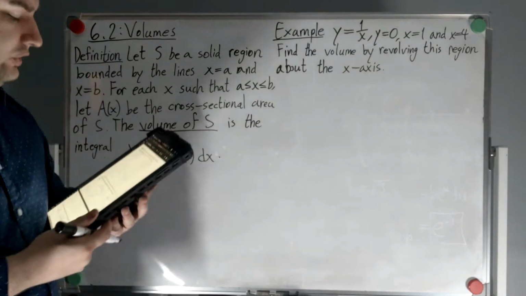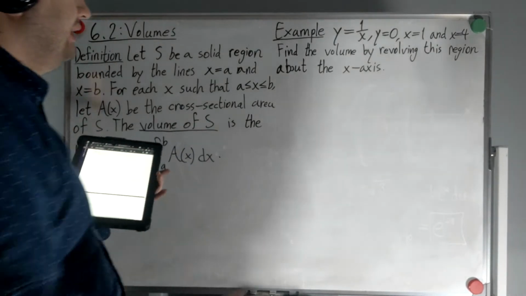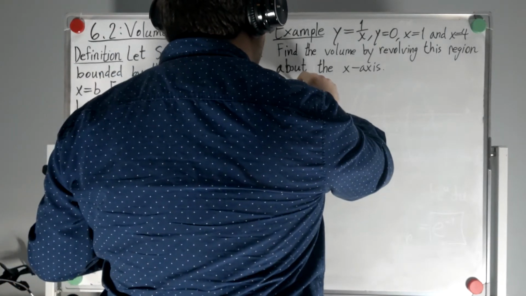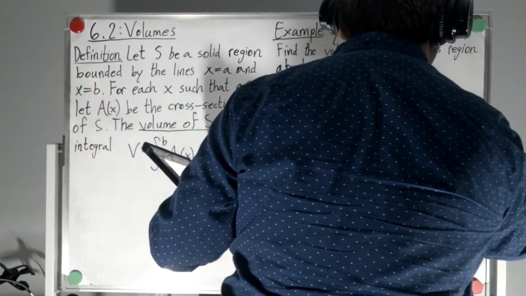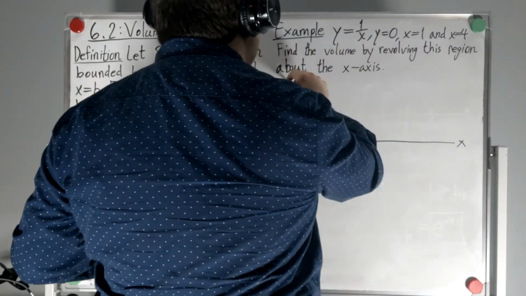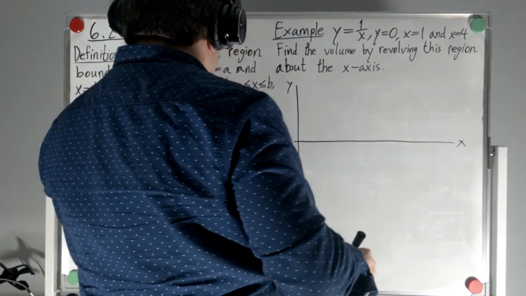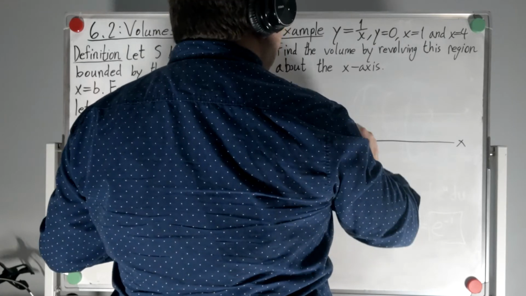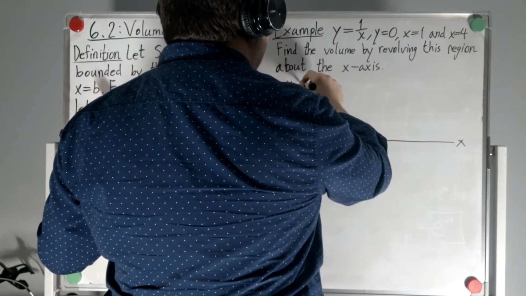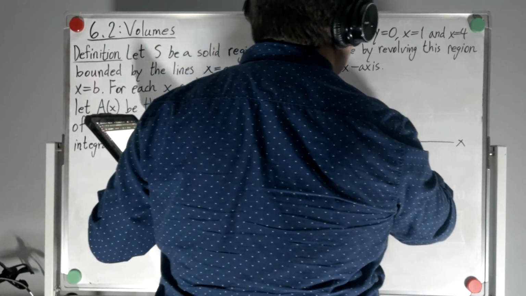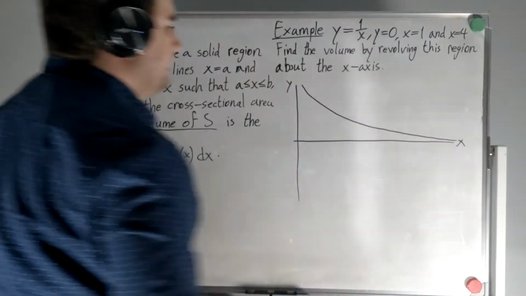So we're going to have to draw a diagram in order to have any idea what we're talking about. As always, there's a more detailed picture in my notes, but I'll just draw a crude sketch here. So y equals 1 over x is a curve that kind of looks like that.